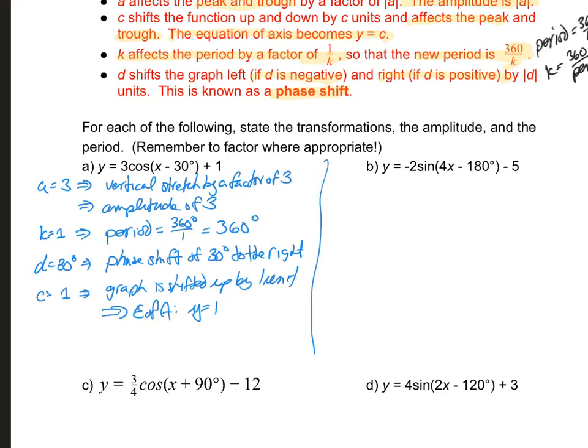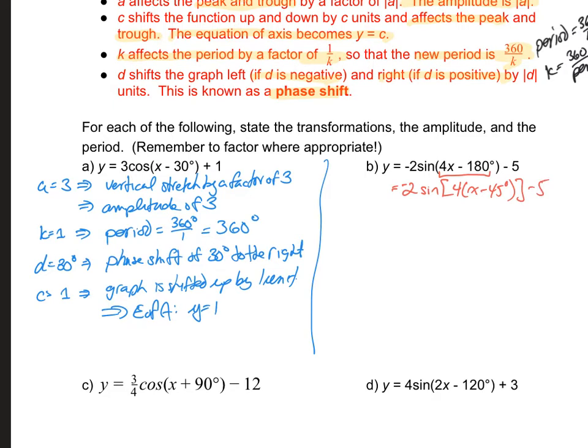Let me do this other one in red. This other one is a little bit more tricky because we actually have a k value in here, and worse yet, it's not even factorable for us. So let's rewrite this equation with a k value factored out inside our function. I introduce a square bracket there, so it's going to be 4, and 180 divided by 4 is 45 degrees, minus 5.